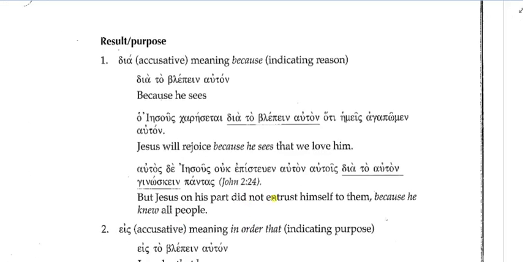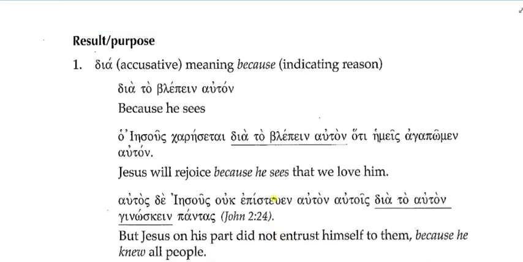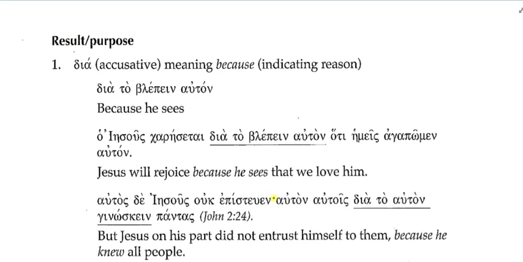Here we have some examples of result or purpose infinitives, and I could take the preposition dia and add an object of the preposition, and that object will be in the accusative case where the dia means because. Now, if you go back and you remember the meanings of your prepositions when they're followed by certain cases, this will all make sense.